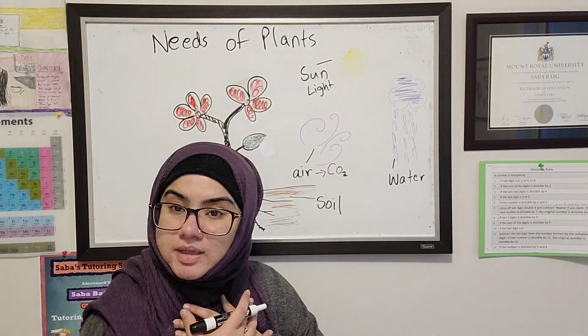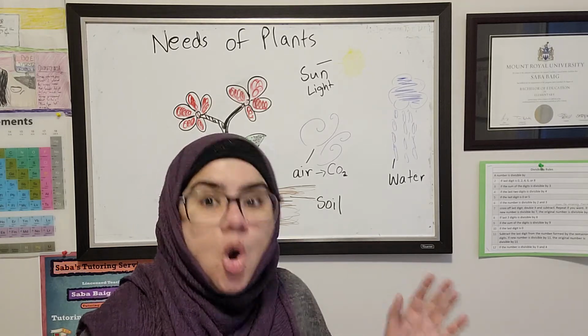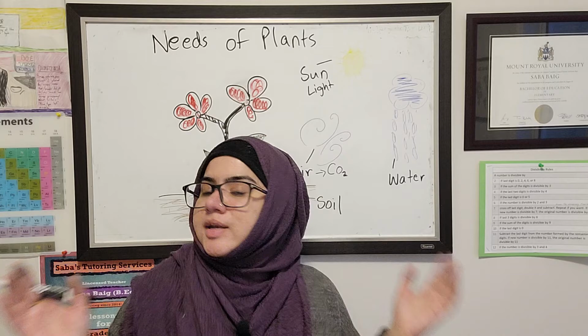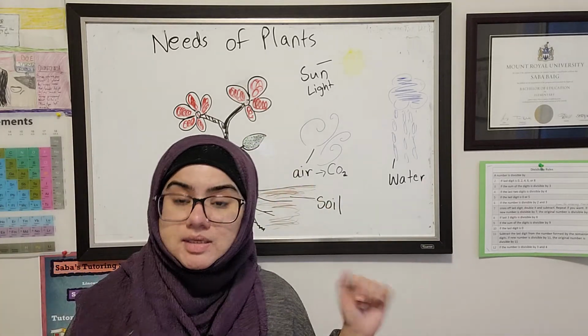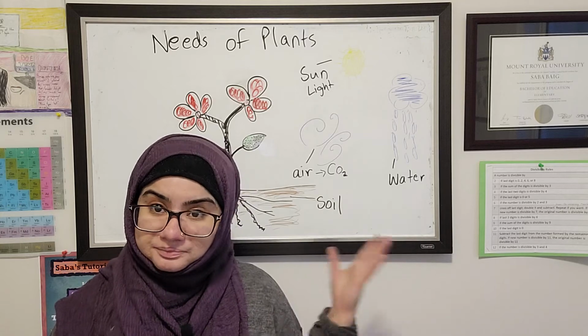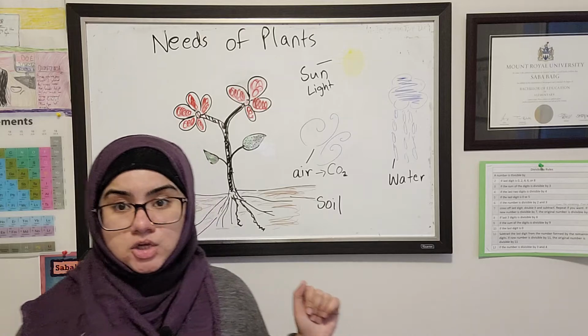So we humans give air to the plants. Don't go to the plants and start blowing. Don't do that. You can naturally breathe around the plants, and they can get their CO2 from humans and from animals as well. Plants need carbon dioxide. That's the air they need to survive.